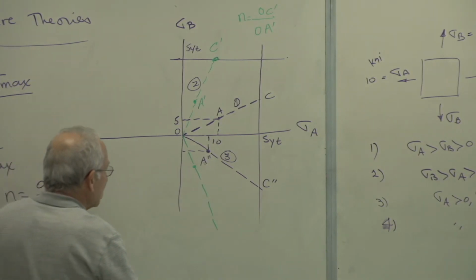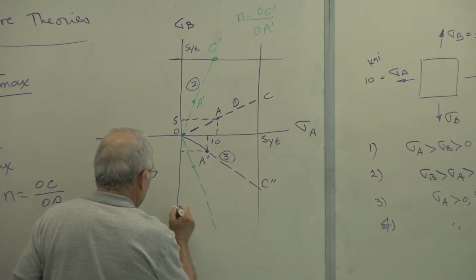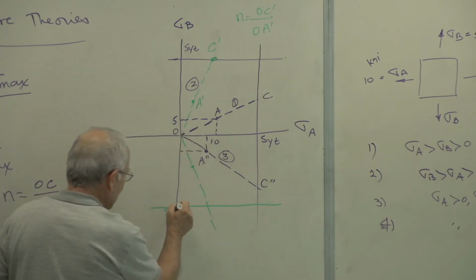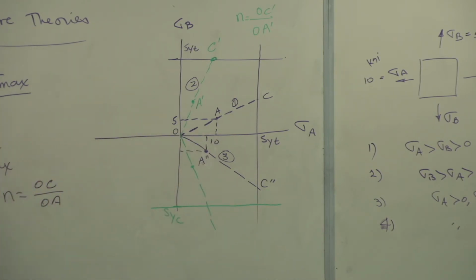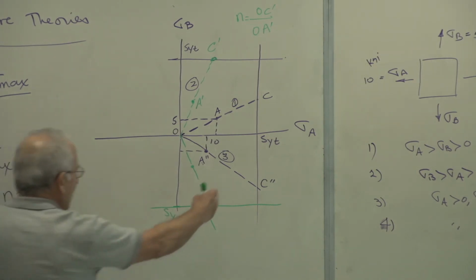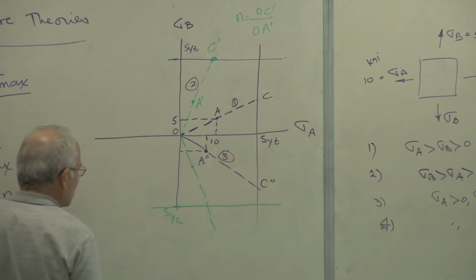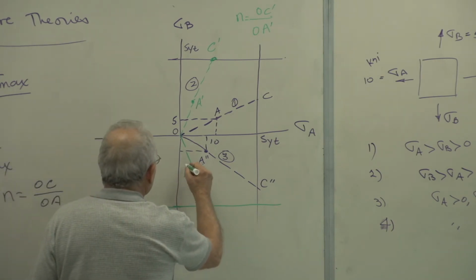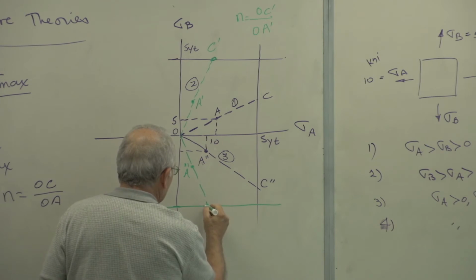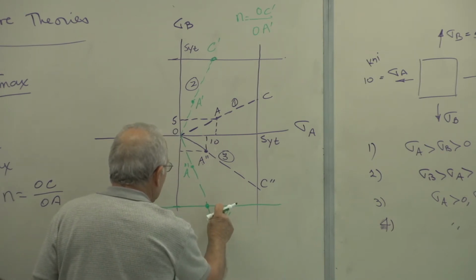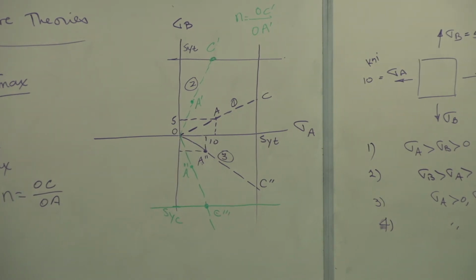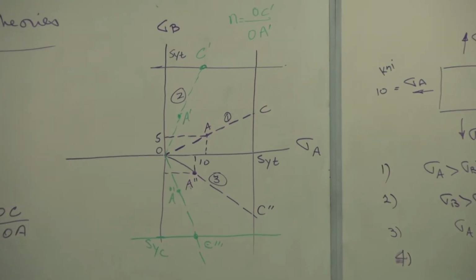And it crosses this line, which indicates yielding in compression, before it crosses that line, which is yielding in tension. So, call that A triple prime, C triple prime, and you get the idea. The factor of safety is OC triple prime divided by OA triple prime, and so on.